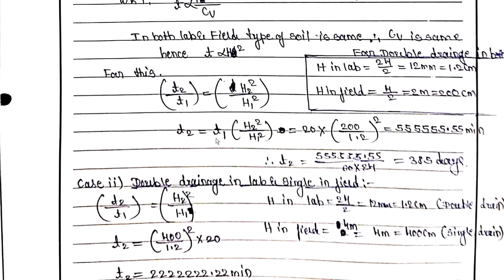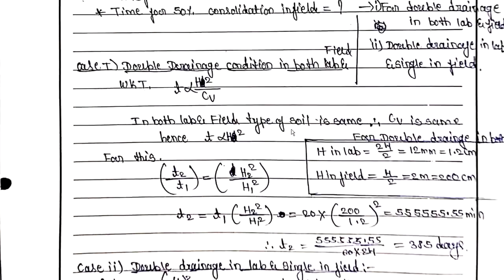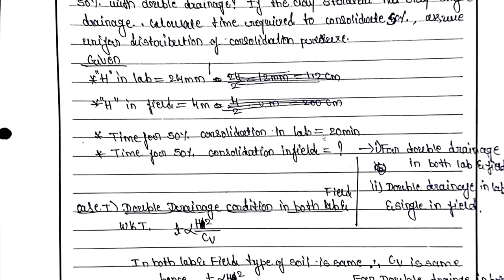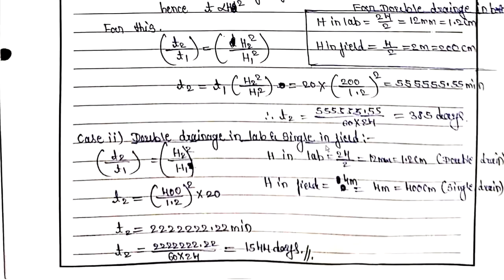Next, T2 is equal to T1 into H2 square divided by H1 square. So T2 is the time taken in the field, which we need to find out. We have the time taken in the laboratory. The time taken in the laboratory for 50% consolidation is 20 minutes.